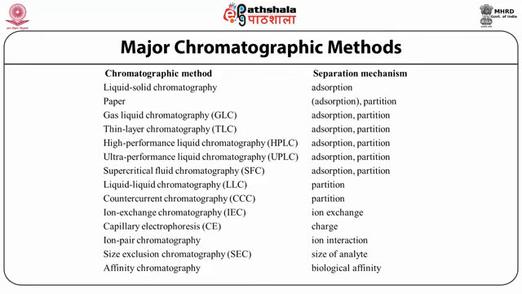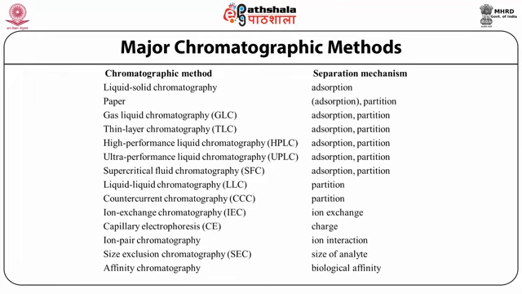Then GLC, which stands for gas liquid chromatography, TLC for thin layer chromatography, and other forms of LC. They have both adsorption and partition as their method of separation, followed by supercritical fluid chromatography. Here we use supercritical solvents. So again, adsorption and partition remain the separation mechanism.